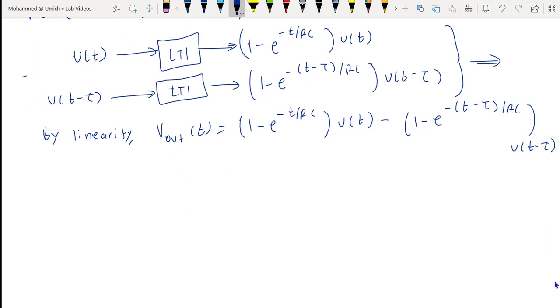And to simplify this a little more, I'm going to write it as a piecewise function. So for t less than 0, it's 0. For t between 0 and tau, we're only going to have the first term, so 1 minus e to the minus t over RC.